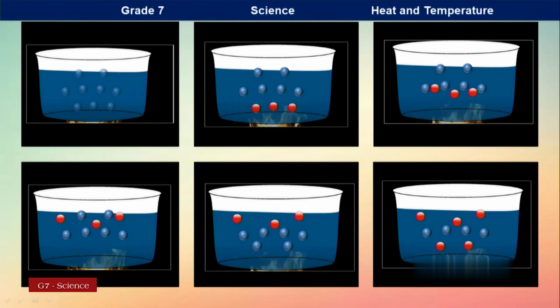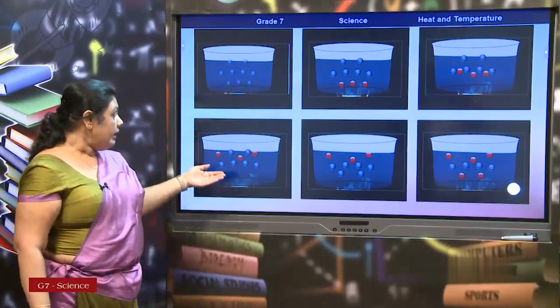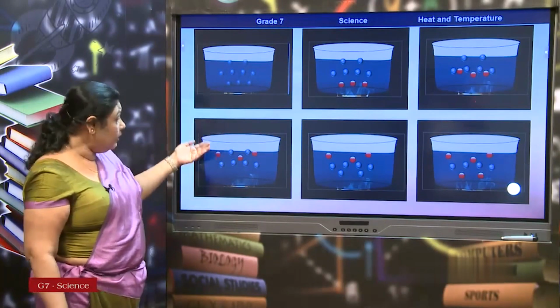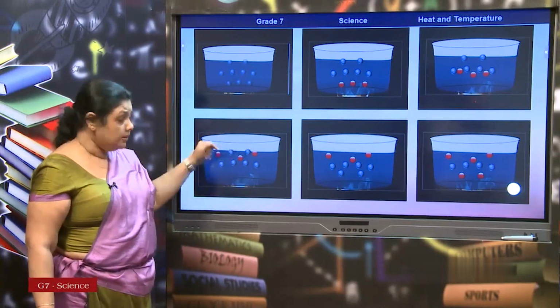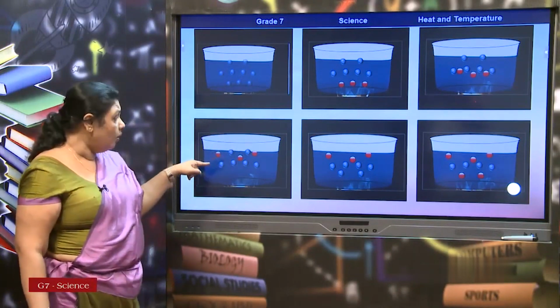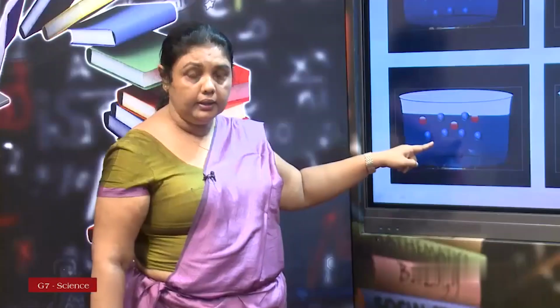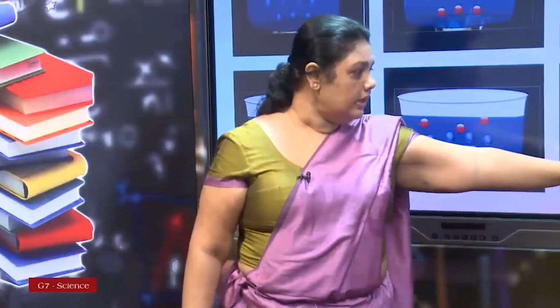There you can see the third diagram. It reaches further, and compared to these particles, the other particles are now denser, cooler particles. That means the blue particles are coming down, and once they come down, they also get heated up. Can you see this?